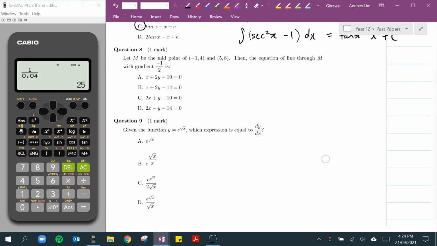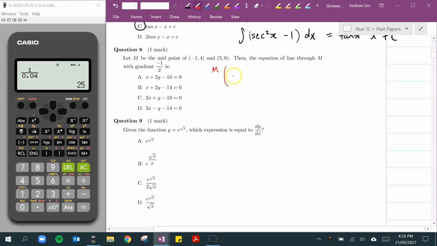Question 8. Let m be the midpoint of minus 1, 4 and 5, 8. Then the equation of the line through m with gradient minus 1 over 2, or minus half, is. So we want to work out the coordinates of m.